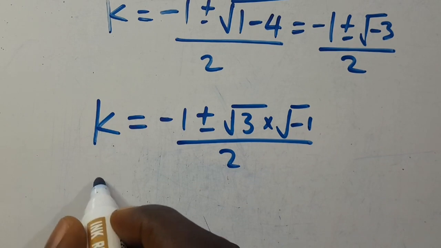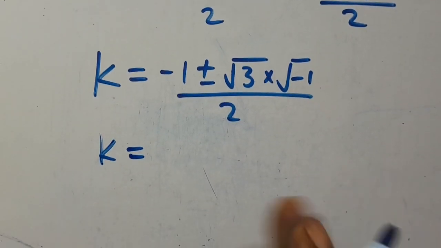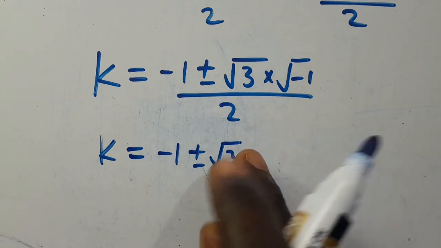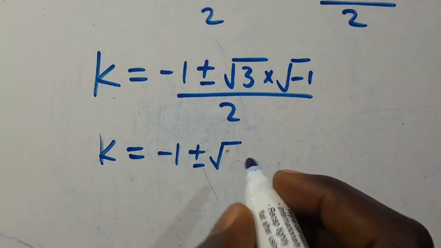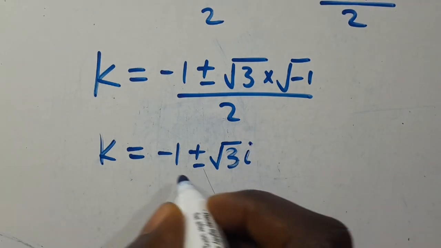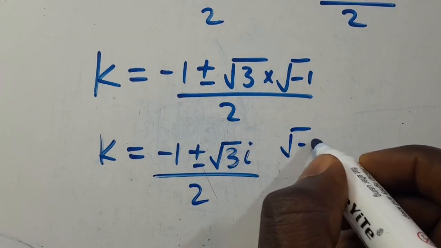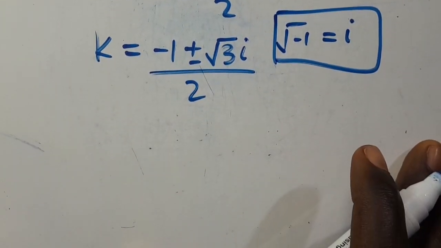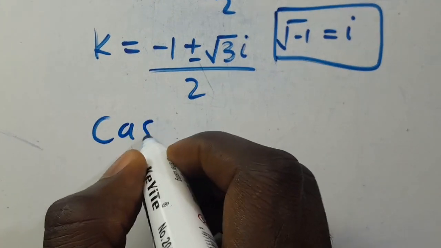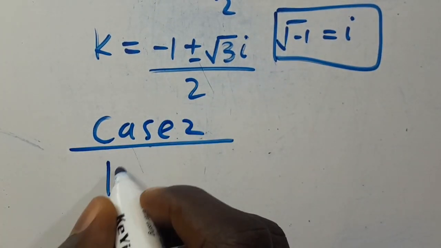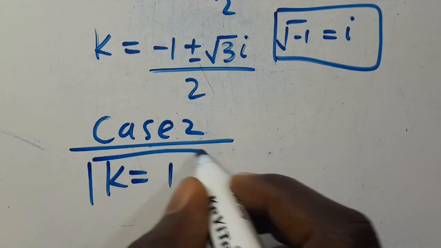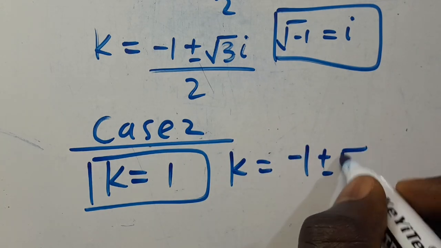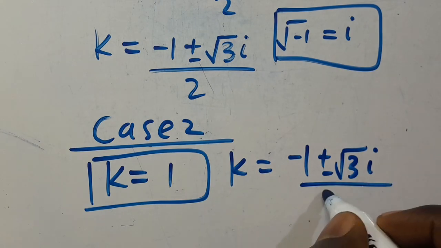So we can have this as k equals minus 1, positive or negative, root of 3i divided by 2, root of minus 1 equals i. So finally, for case 2, we also have k equals 1, and we also have k equals minus 1, positive or negative, root 3i divided by 2.